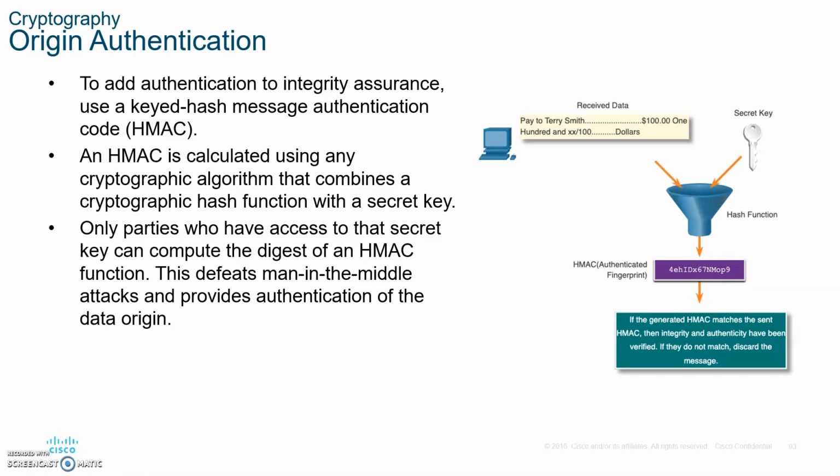You will always be dropping the packets because you always think that the data has been tampered with. So what you do, you take the hash and you encrypt it with a key. And when you receive it, you're going to decrypt the hash with the key, get the hash, and then you run it and try to find if the data has been tampered with or not. So that's what HMAC is. All right, so HMAC is calculated using a cryptographic algorithm that combines a cryptographic hash function with a secret key to defeat the man-in-the-middle attack, of course.